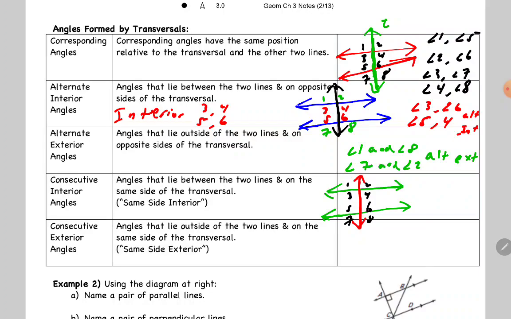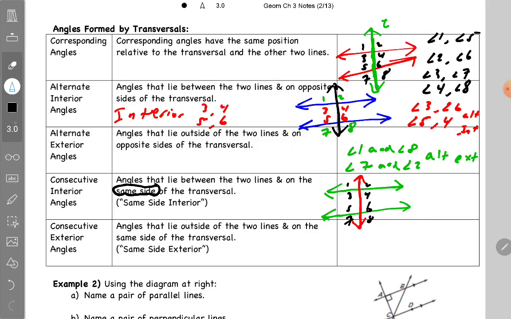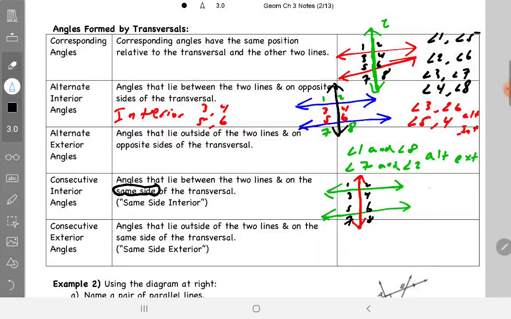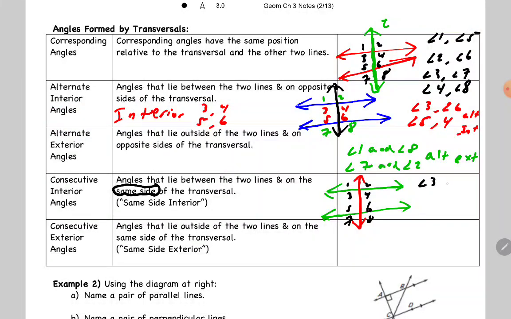Consecutive interior means same side on the inside. So remember, the inside are the ones in the middle, 3, 4, 5, and 6. So same side on the inside is angles 3 and 5, angle 4 and 6.